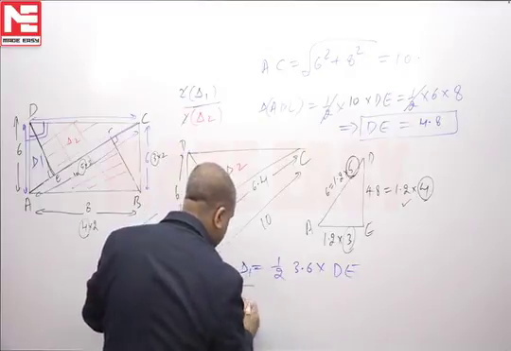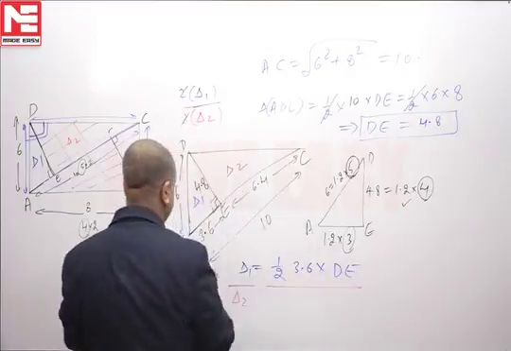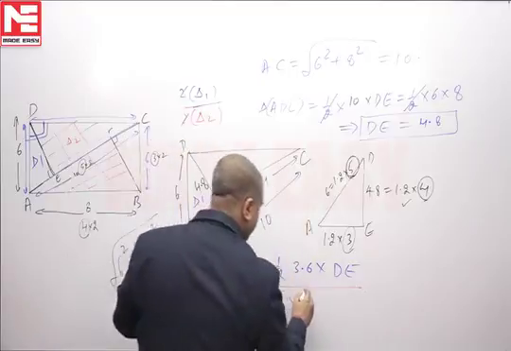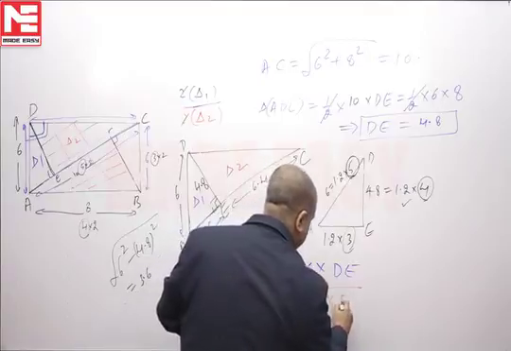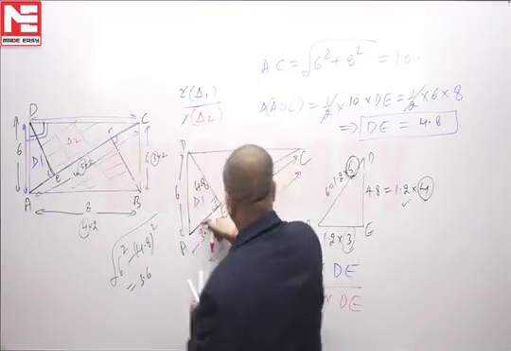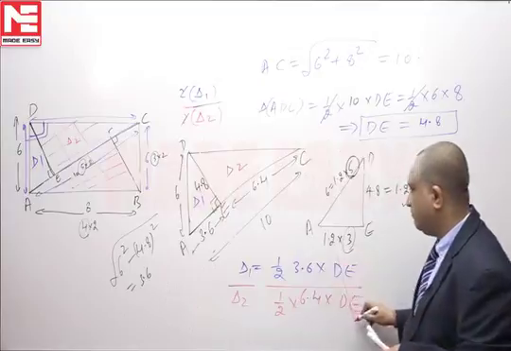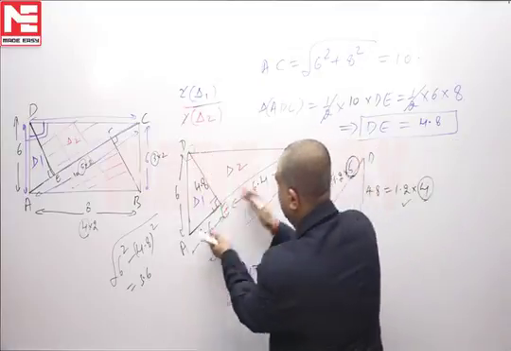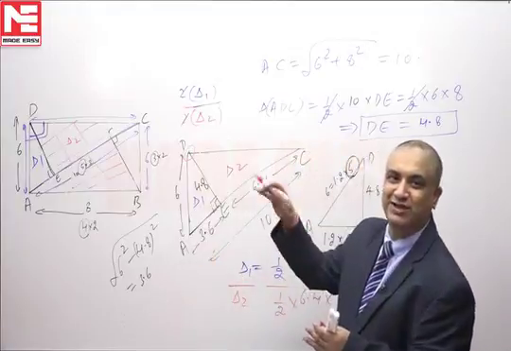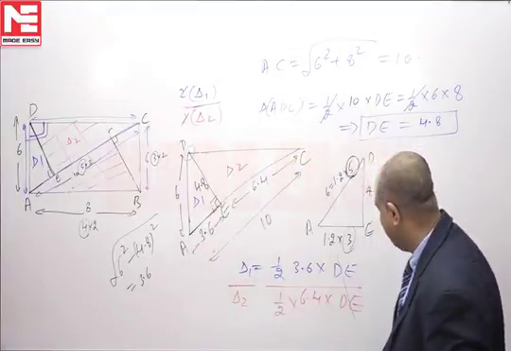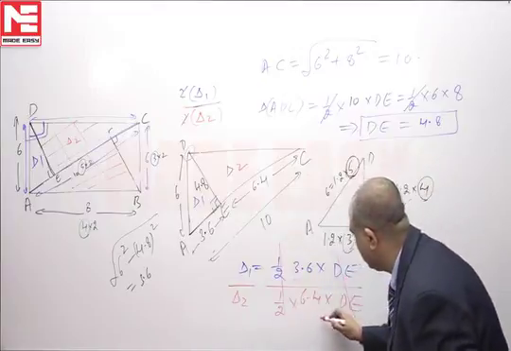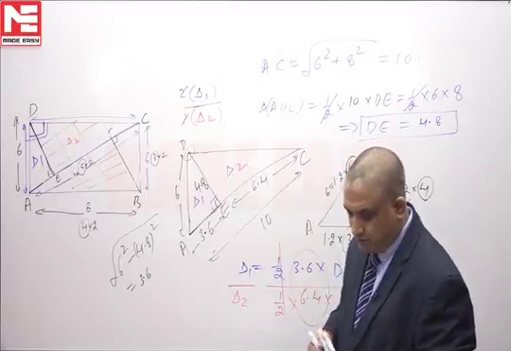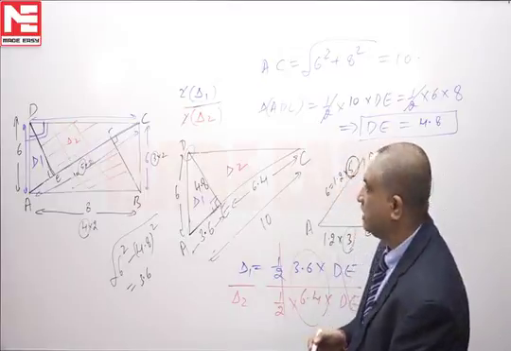If we take the red shaded region, that is delta 2, equal to half, base is 6.4 into DE. The height is the same for both triangles, since the vertex is the same. The ratio of areas will be the ratio of bases only. The basic ratio is 3.6 is to 6.4.